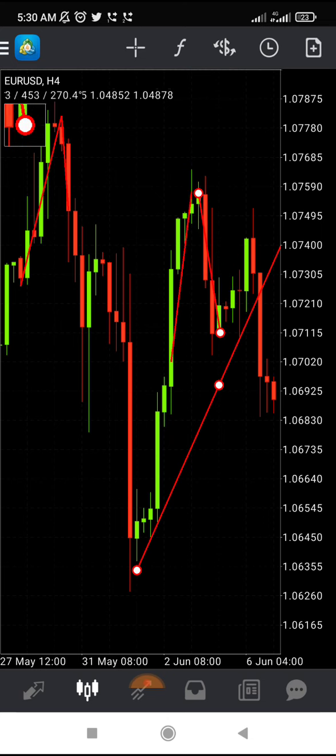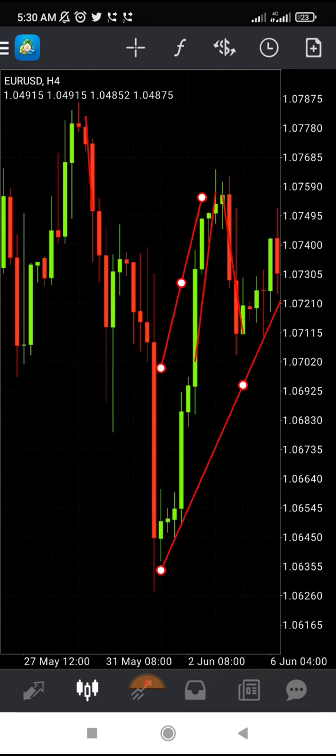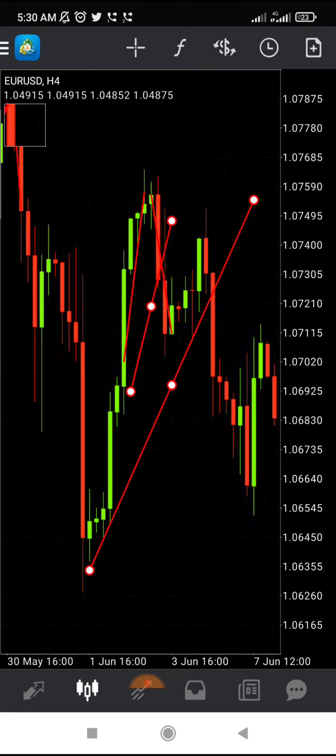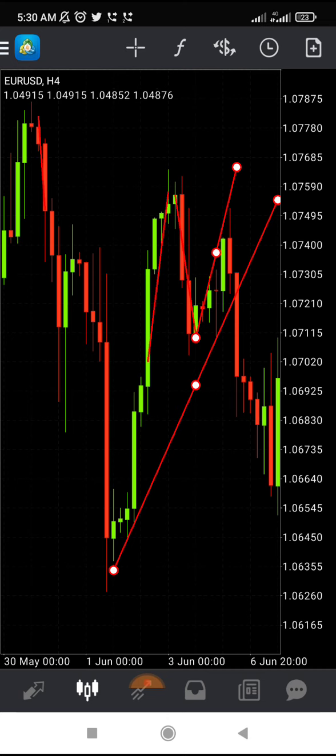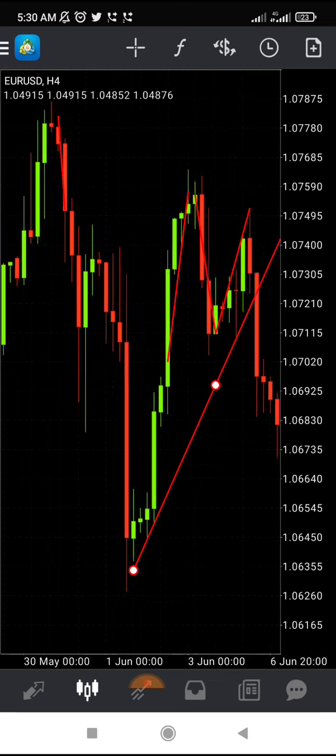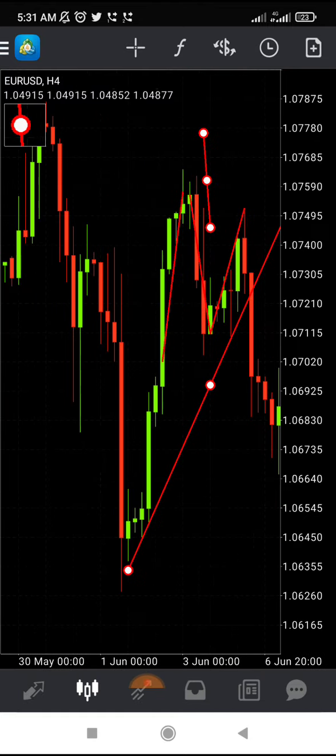Mind you, it won't be perfect. You just need to be creative around it. If you're expecting it to be as perfect as a normal M and W, that won't work. So this is our third leg, and this is our fourth leg.